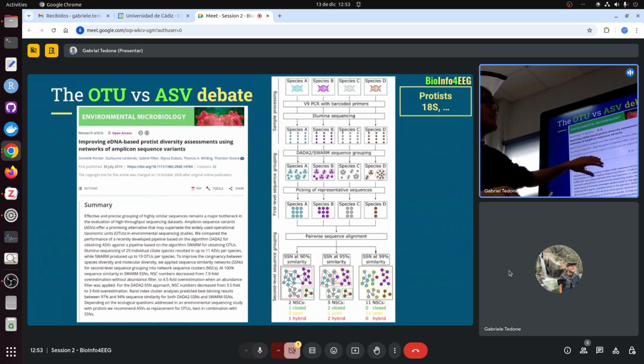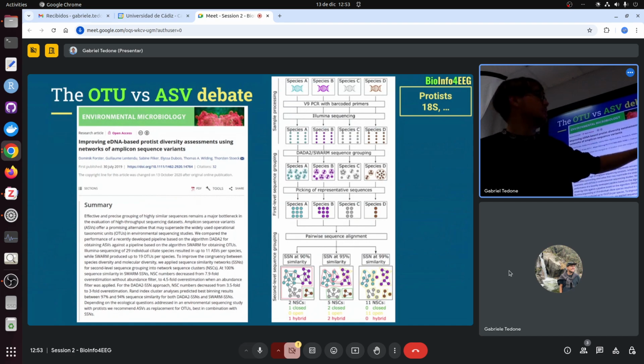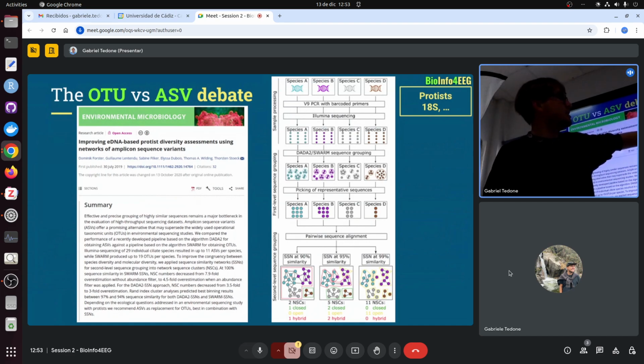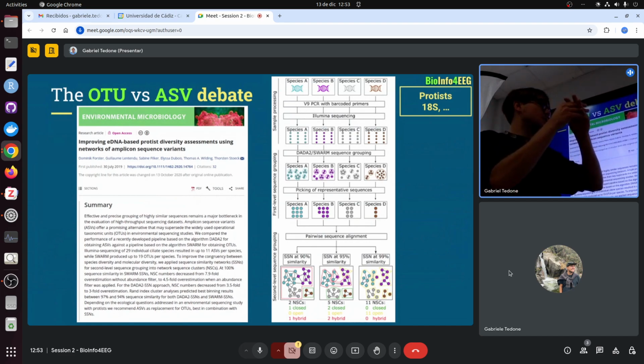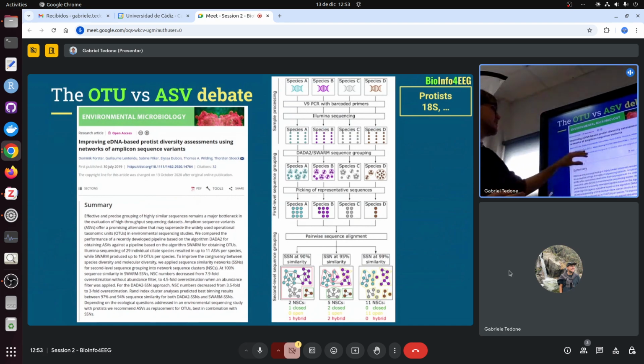This paper combines denoising or de novo clustering, and then does a second level grouping. So they see denoising or de novo clustering as a first grouping of sequences, and then they do a second grouping to approach the concept of species in their field of work, which are protists.